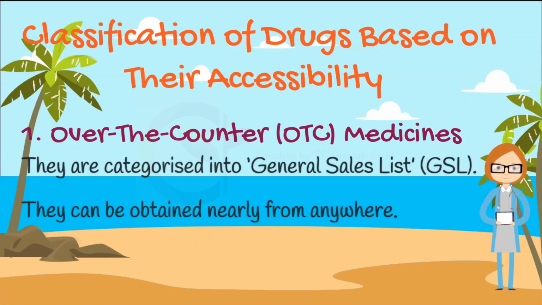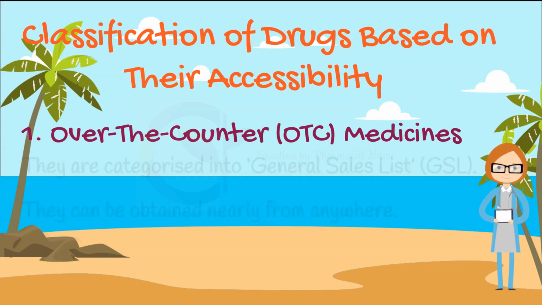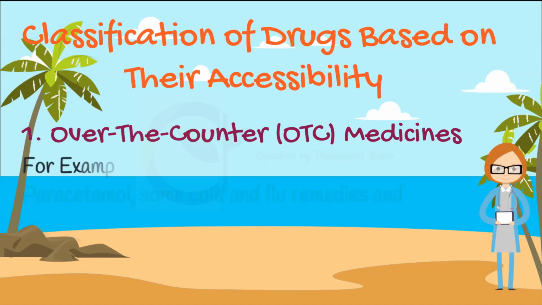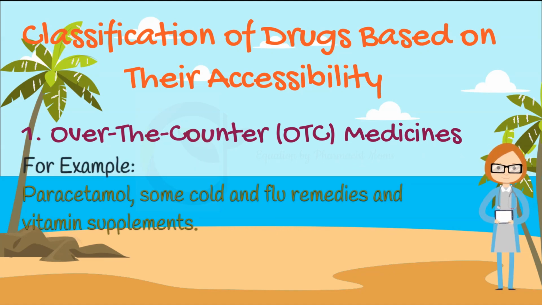They are categorized into General Sales List or GSL, which are a kind of medication that have only some legal constraints. They can be obtained nearly from anywhere. Even though these medicines are usually considered not dangerous, it does not mean that they have no risk. GSLs include paracetamol, some cold and flu remedies, and vitamin supplements.